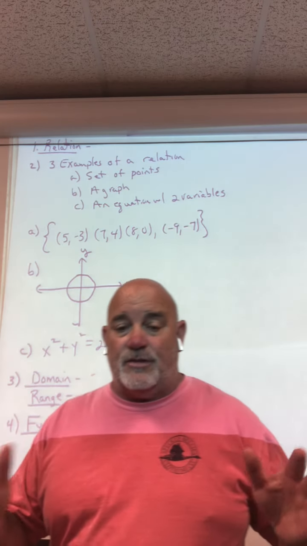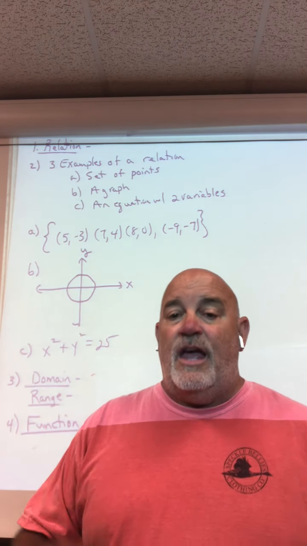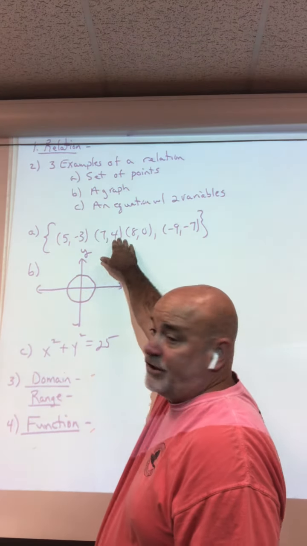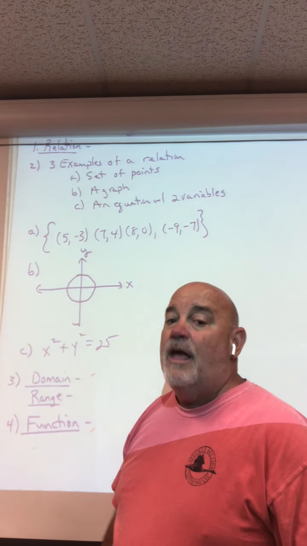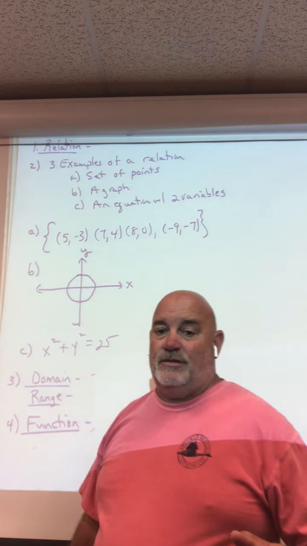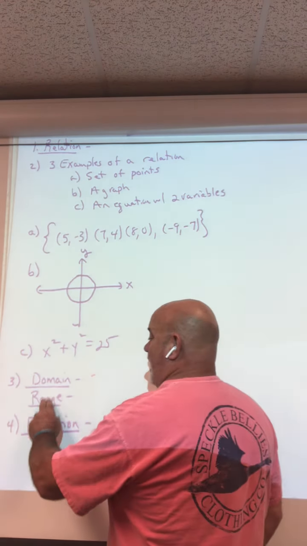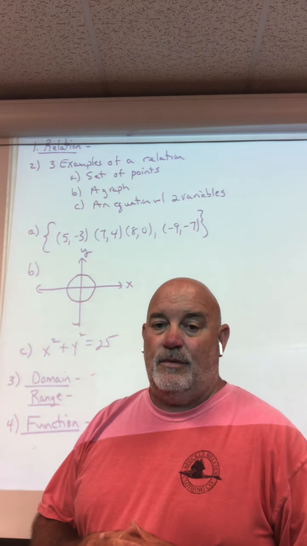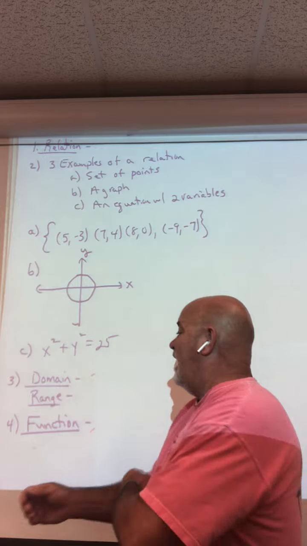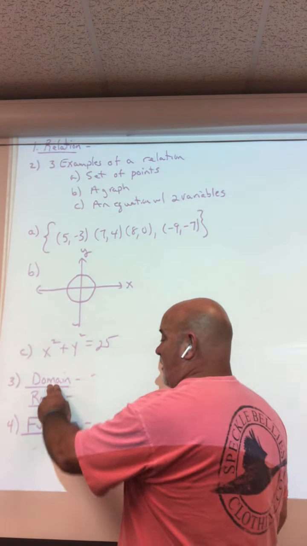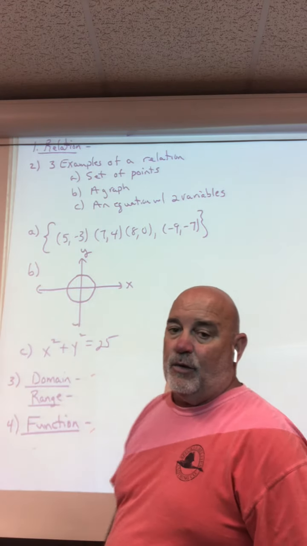And I'm going to give you some notes on ordered pairs, and we're going to look at domain, range, and function of just ordered pairs. After we finish that, then I'm going to draw a bunch of graphs, and we're going to do domain and range and function of the graphs. And then after we do that, I'm going to give you some equations and do domain, range, and function for the equations.